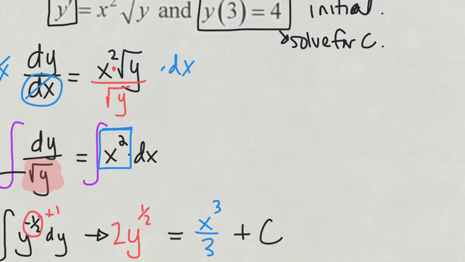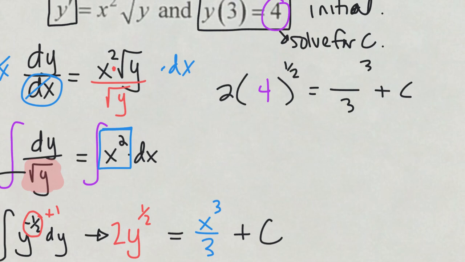Now we're going to plug in our y and x. So we have 2 times 4 to the 1/2 power equals 3 cubed divided by 3, where 3 is your x value. Remember, when we simplify this, the 1/2 power is the same as the square root.